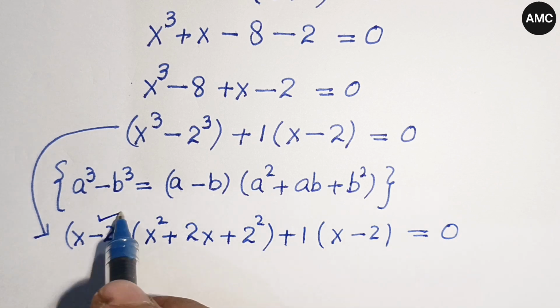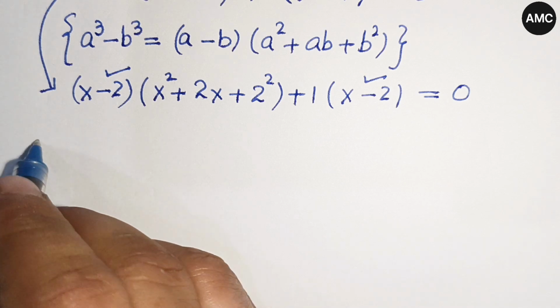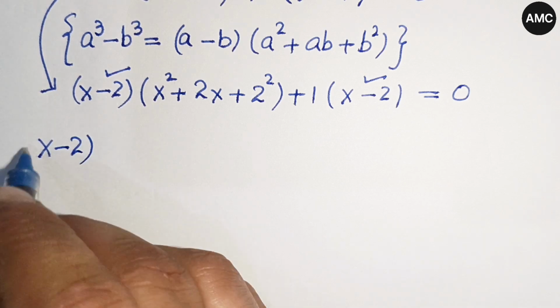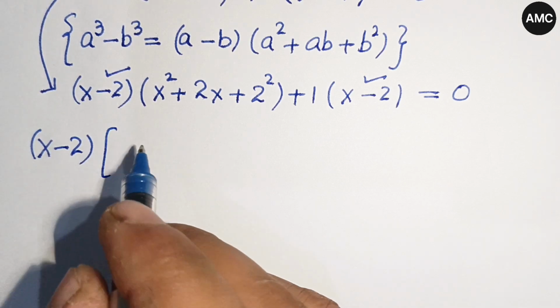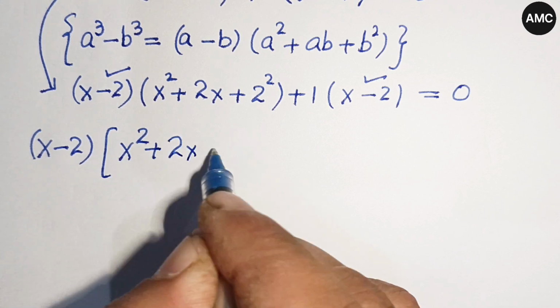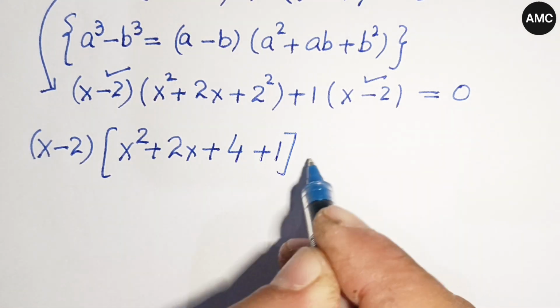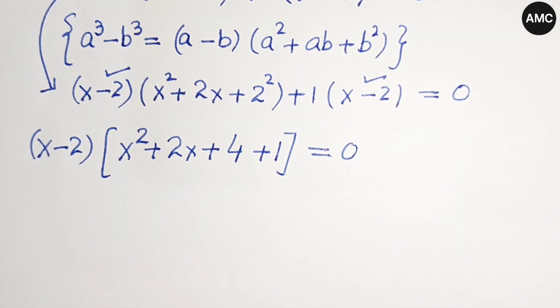Now this x minus 2 is a common term, so taking x minus 2 as common outside the bracket, we get x minus 2 times x squared plus 2 times x plus 2 squared is equal to 4, and here we have only 1, that is equal to 0.